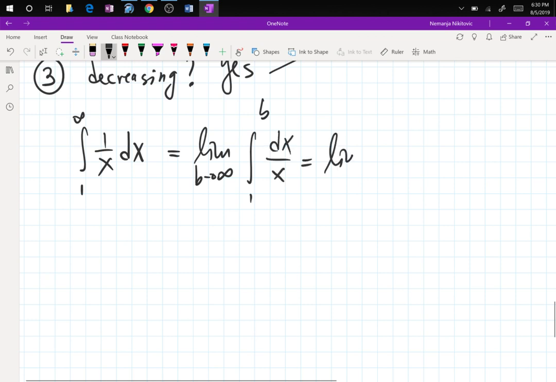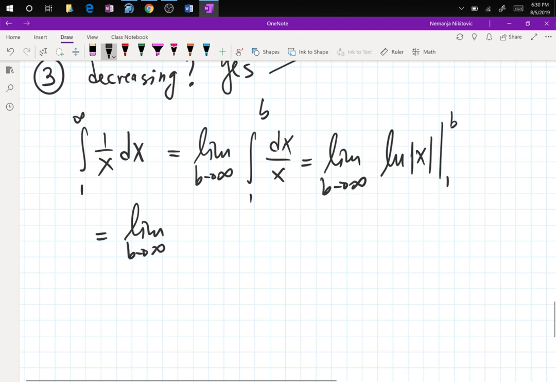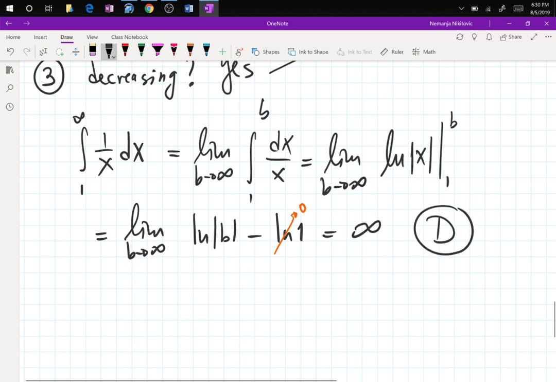You will get limit b goes to infinity of ln of absolute x from 1 to b, and you will get finally limit b goes to infinity ln of b minus ln of 1, which goes to 0, and we get a big fat infinity, which is divergent.